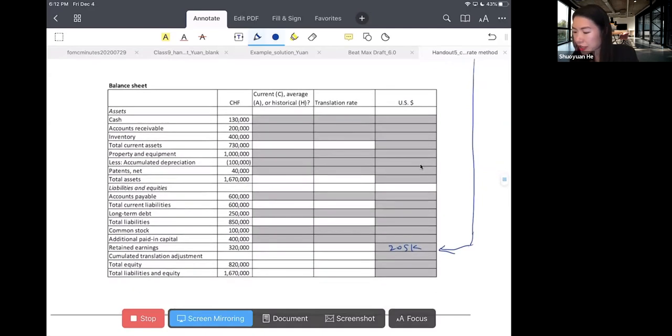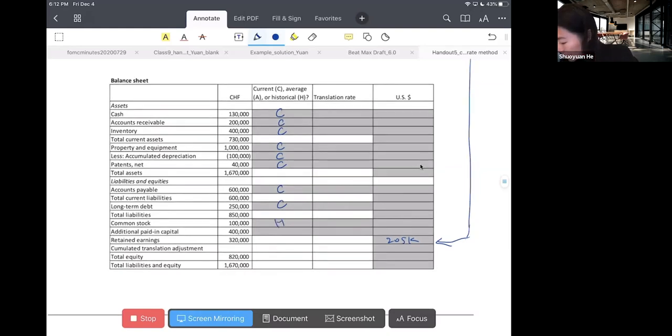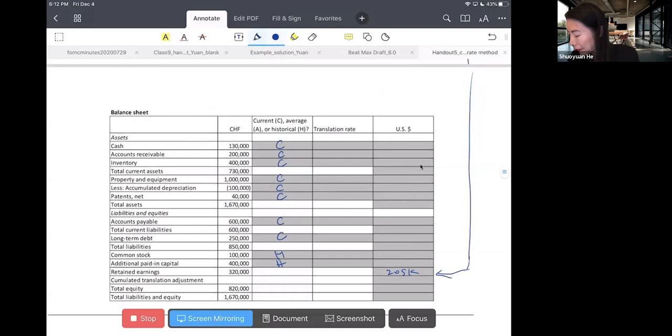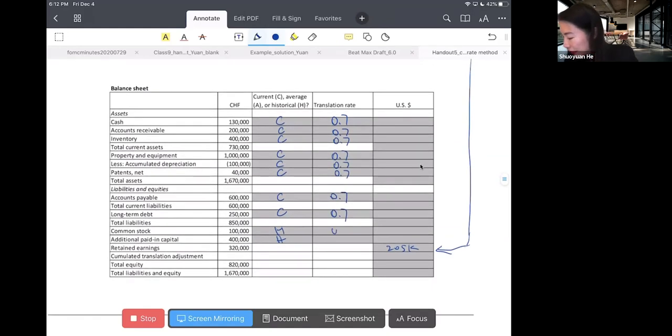On your balance sheet, for all of the assets and liabilities, we use the current rate. And for shareholders' equity, we use the historic rate. So the current rate is 0.7, and the historic rate is 0.6.